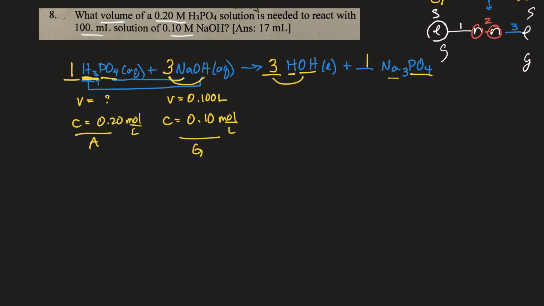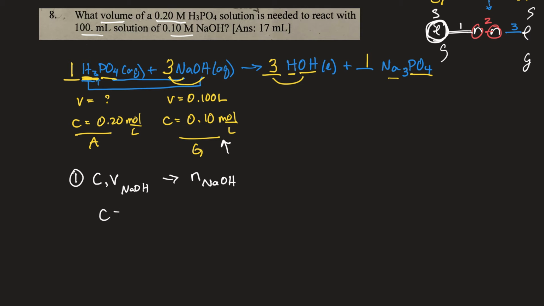So let's do step 1. So step 1 is to take the liquid stuff and change it into moles. So my formula for that, let me write what I'm doing. So I'm taking a concentration and a volume of the given one of sodium hydroxide, and I'm converting it to moles of sodium hydroxide.